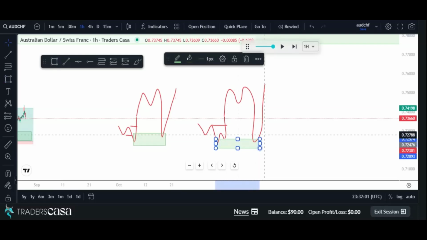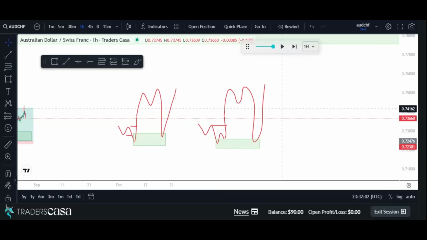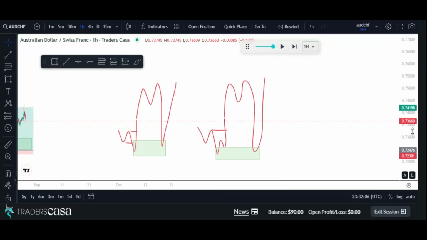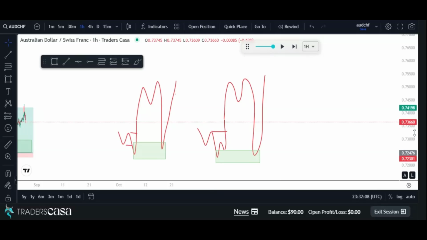These are the two most common types of breaker block that mostly occur in the chart.